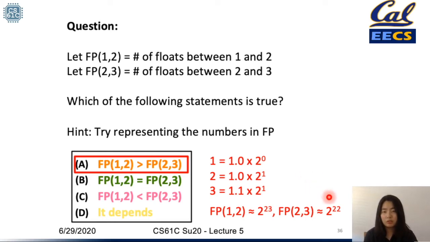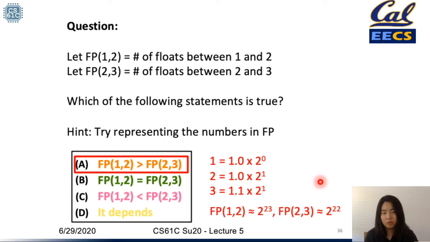Then let's write down the floating point representation for 3, which is 1.1 times 2 to the first. Because the exponent is 1, we move the binary point 1 digit to the right. It gives us 11 in binary, which equals 3.